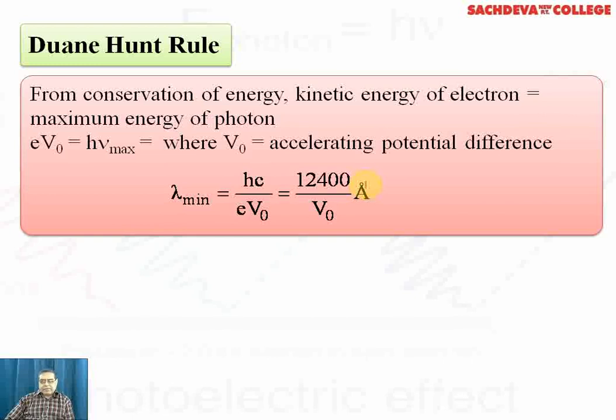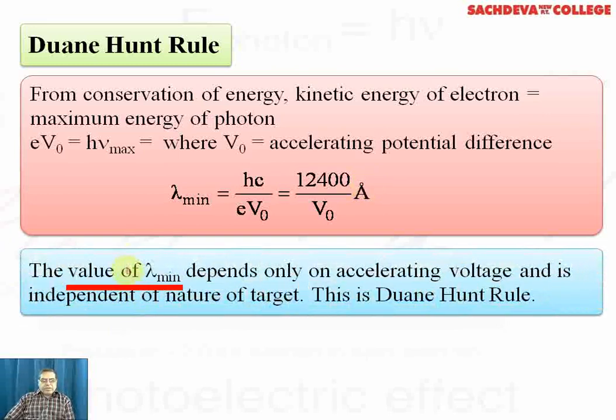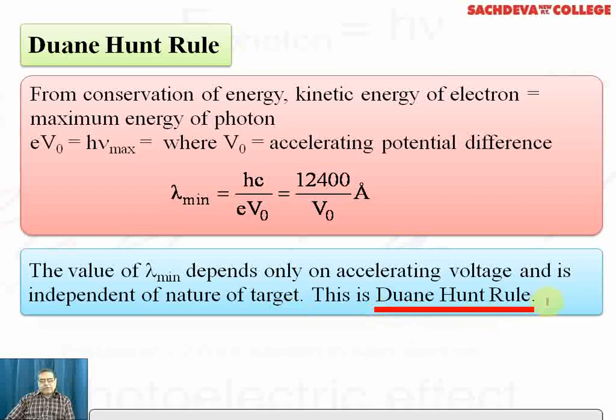After getting the result in meters, it is divided by 10 to the power minus 10, and the result is estimated in angstrom units. The minimum wavelength, lambda minimum, depends only on the accelerating voltage and is independent of the nature of the target. This is known as the Duane-Hunt rule.